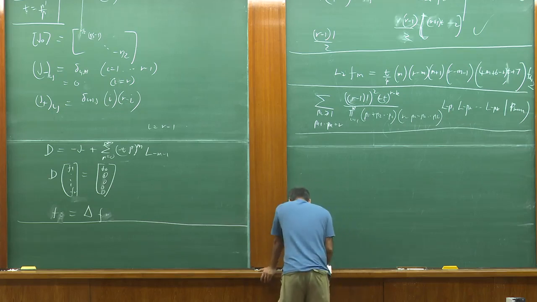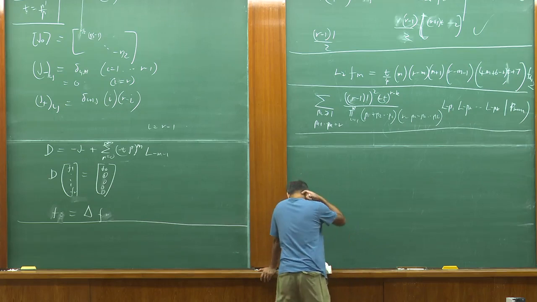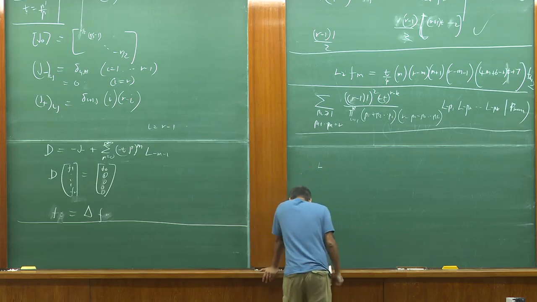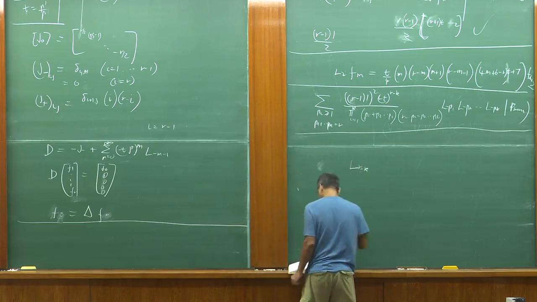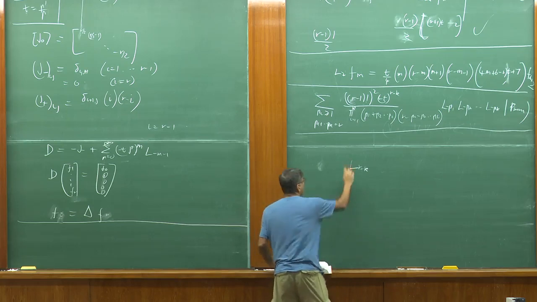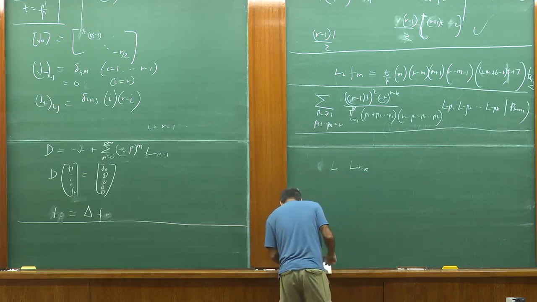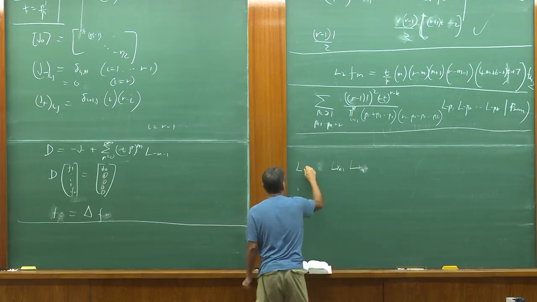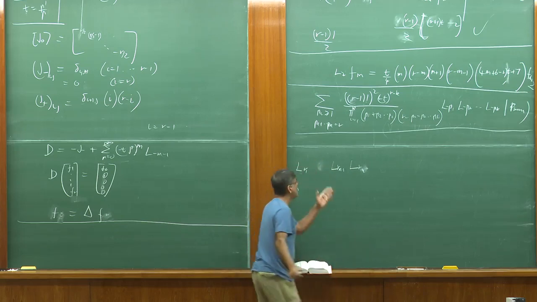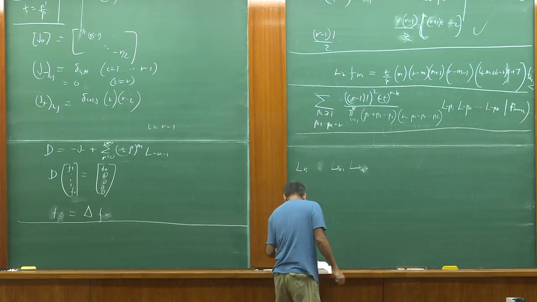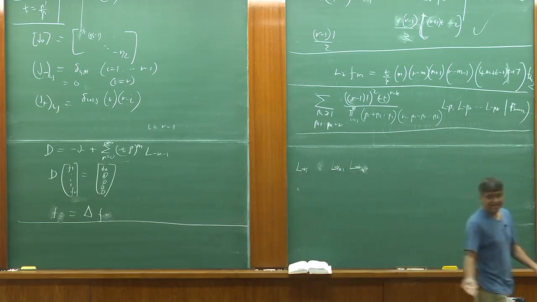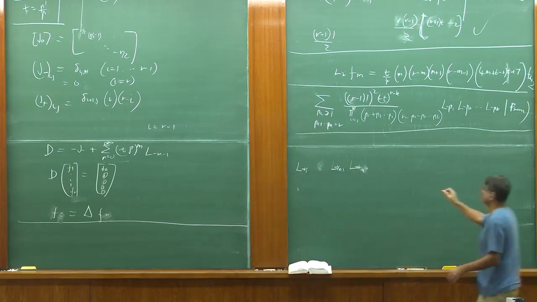Suppose you wanted to act with L minus Rk, L minus Rk minus 1, up to L minus R1, all of these being minuses, some particular descendant of a primary on phi 0.